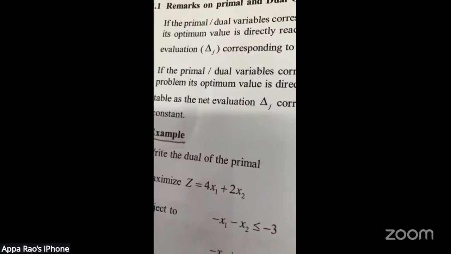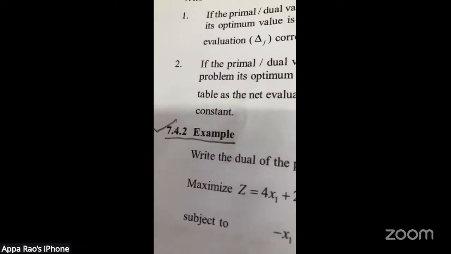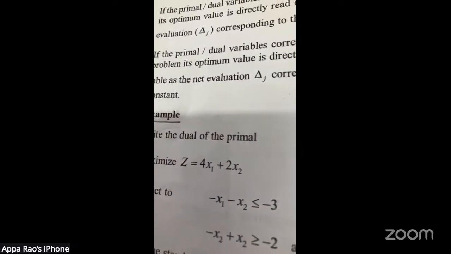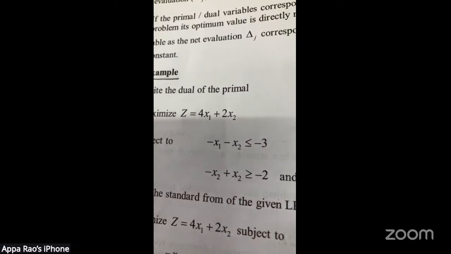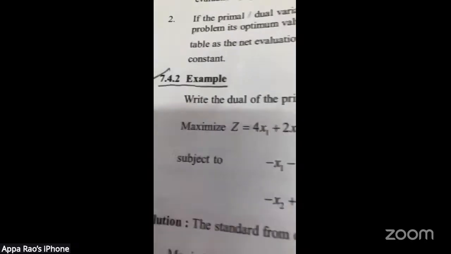If the primal or dual variables correspond to the artificial variables of the dual or primal problem, its optimum value is directly read off from the optimum primal simplex table as the net evaluation delta j corresponding to that artificial variable, after deleting that constant.